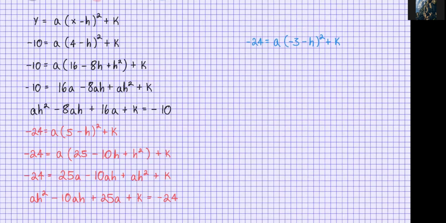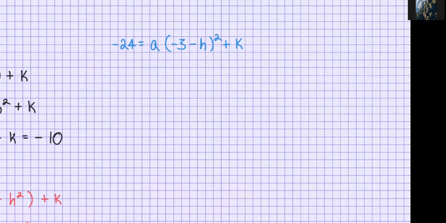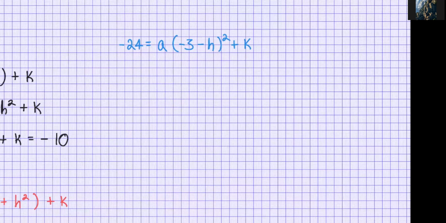And now I'm going to do the same thing, but for this equation right here. So negative 24 equals a times 9 plus 6h plus h squared, plus k.